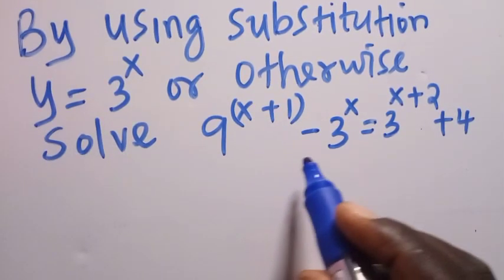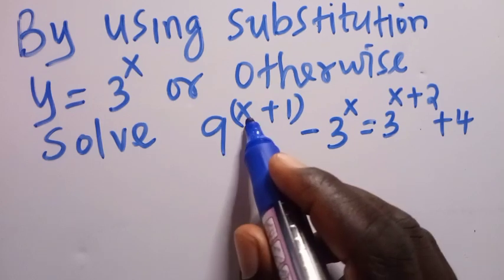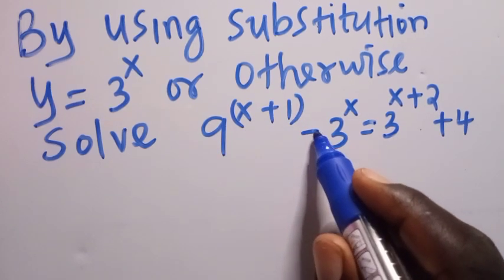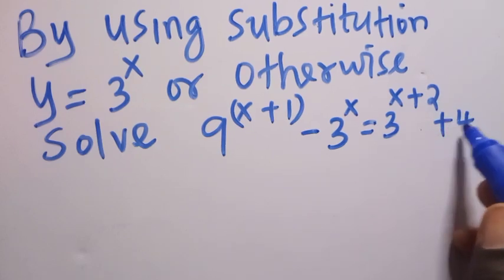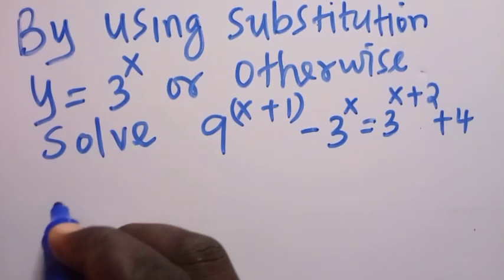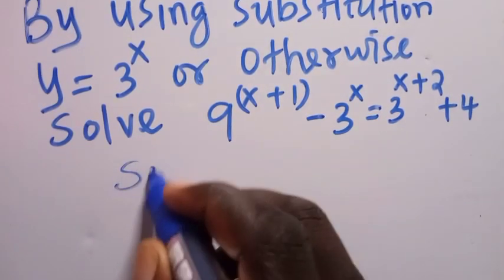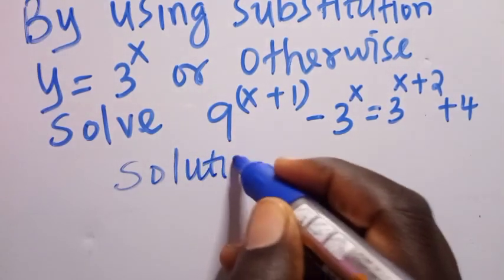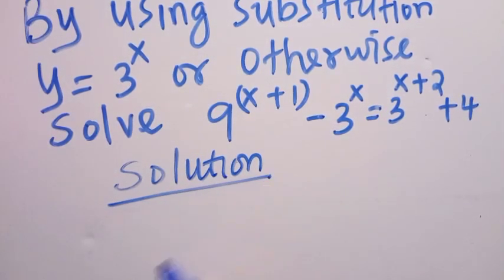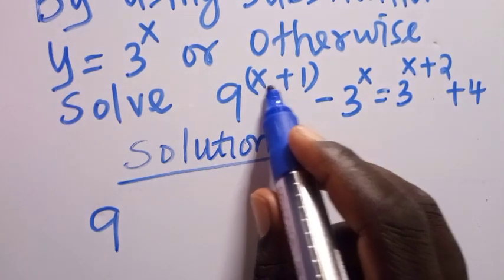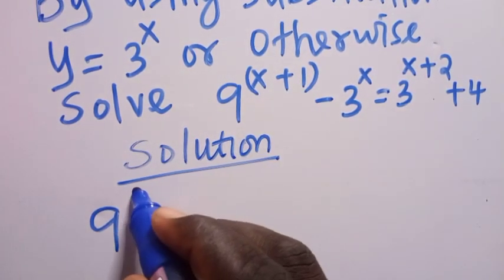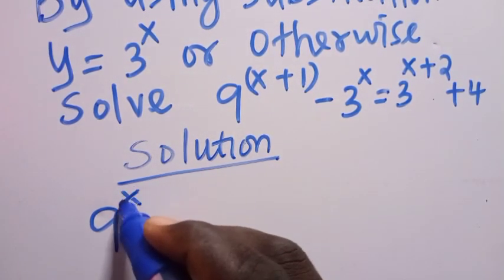Now, we have the equation 9 raised to x plus 1 minus 3 raised to x equals 3 raised to x plus 2 plus 4. So at this point, we can write that equation as 9 raised to, instead of x plus 1, I shall have 9 raised to x.